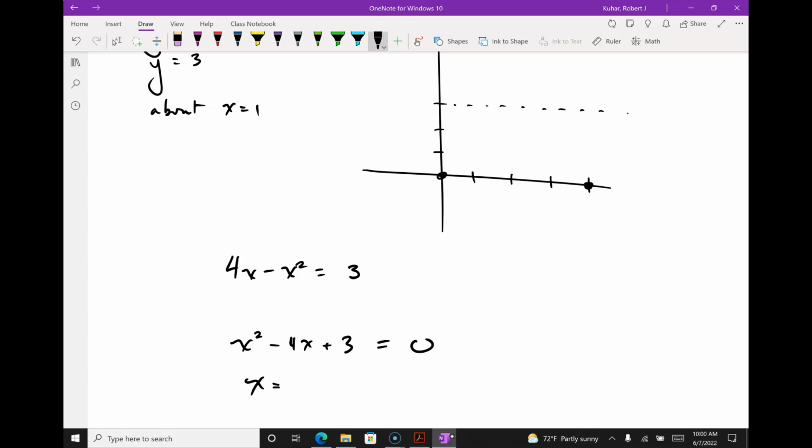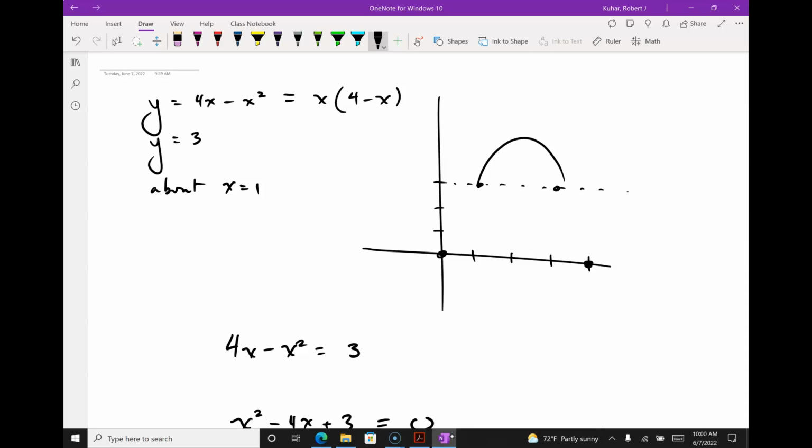So it looks like x equals, what is it? 1 and 3. I've got some region like that. Kind of a weak parabola, but you know what I mean, right? So we're talking about this region here, and we're rotating it around x equals 1.